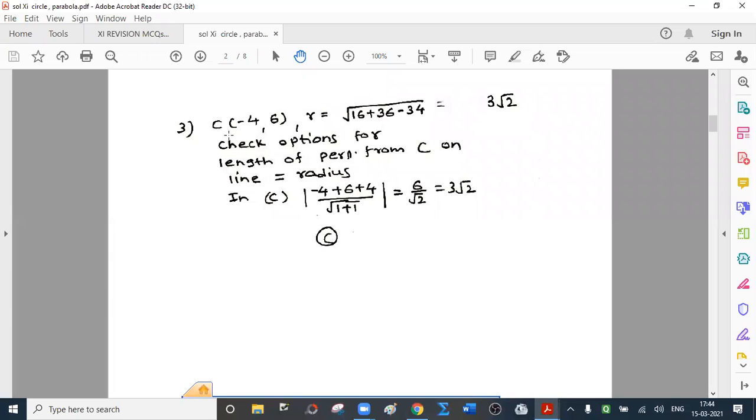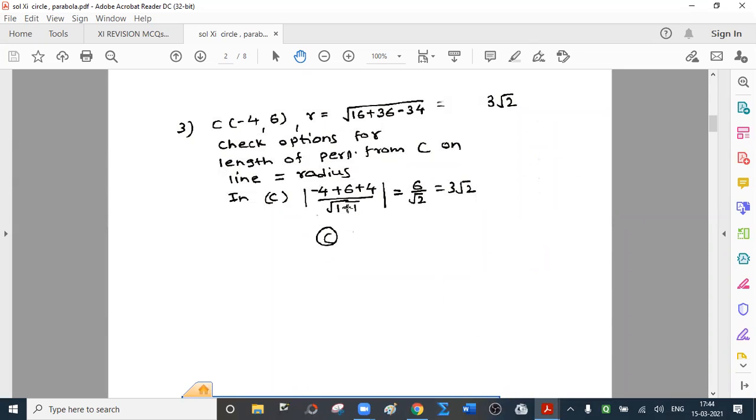So the center of the circle is minus 4, 6 and the radius is 3 root 2. See, center and radius are to be obtained from the equation of the circle only. Now check the options for what? The length of the perpendicular from the center on the line must be equal to the radius for the line to be a tangent. You will notice that in option C only, I have directly written, you should know the formula. It is mod of ax1 plus by1 plus c upon root a square plus b square.